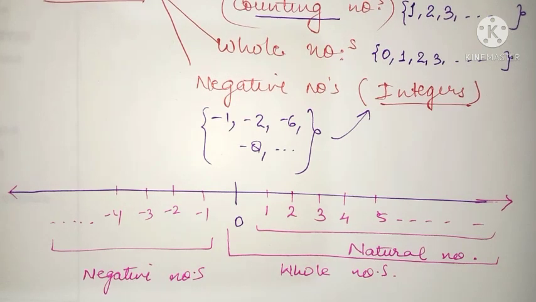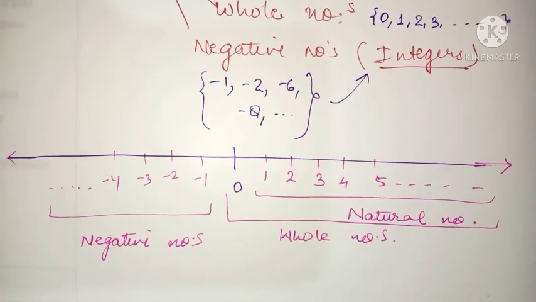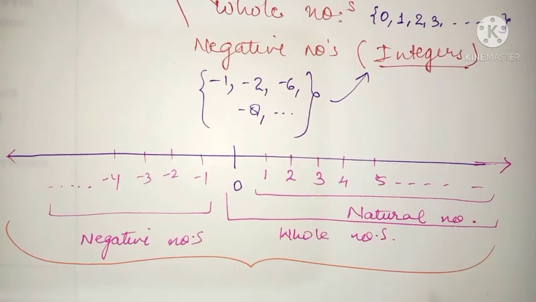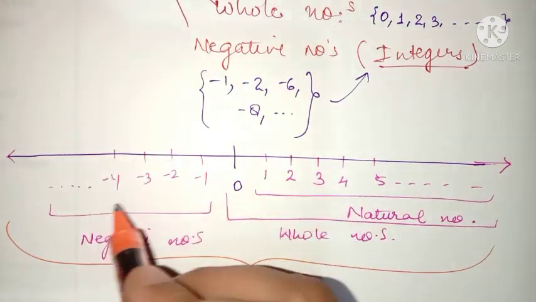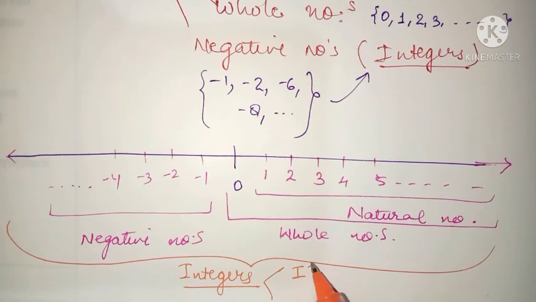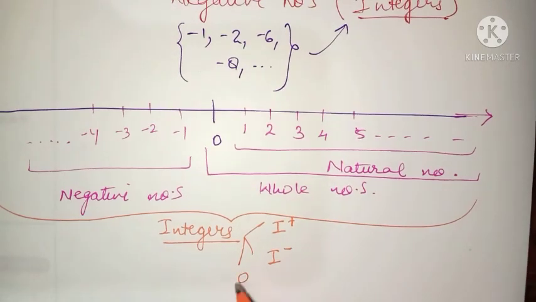Right? So you have studied in the previous class what integers are. Integers are this complete collection: if you include these positive numbers, these negative numbers and 0, then these are called integers. Basically integers are the positive numbers, which we denote by I plus, the negative numbers, which we denote by I negative, and 0.